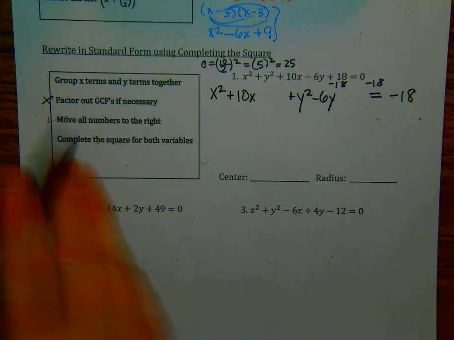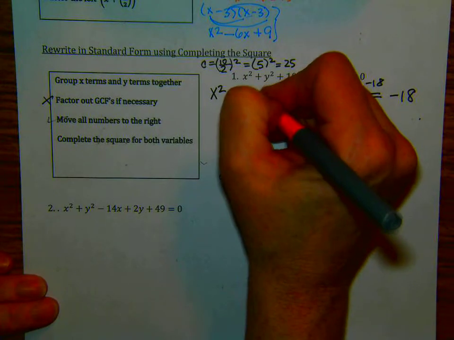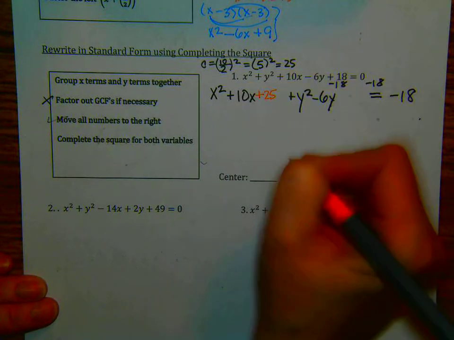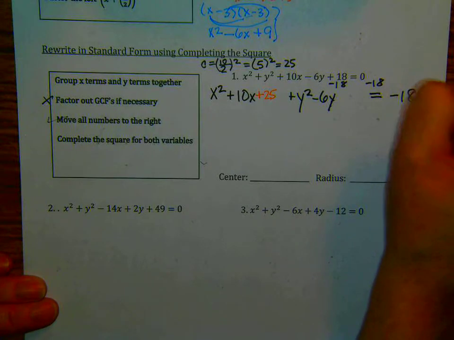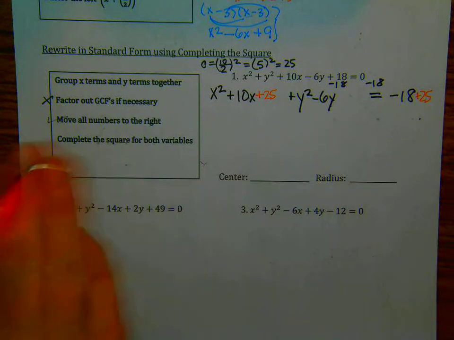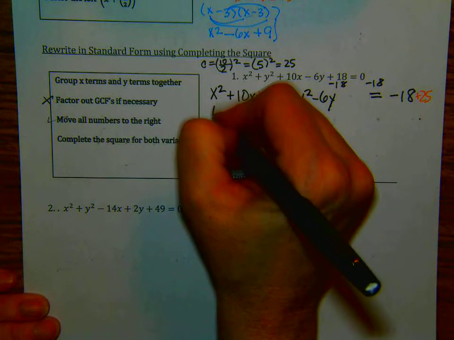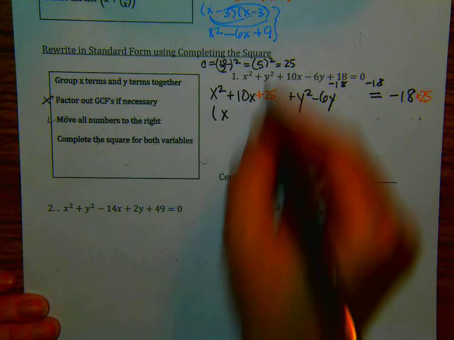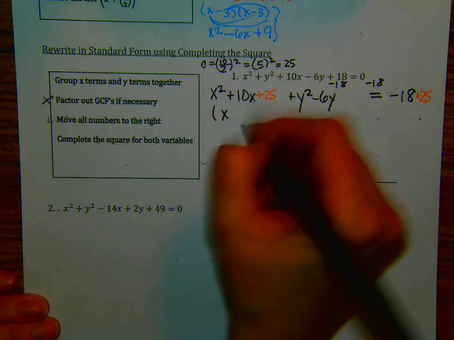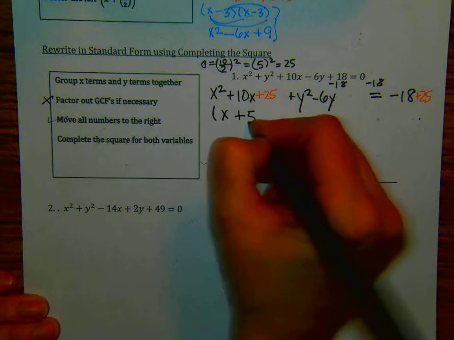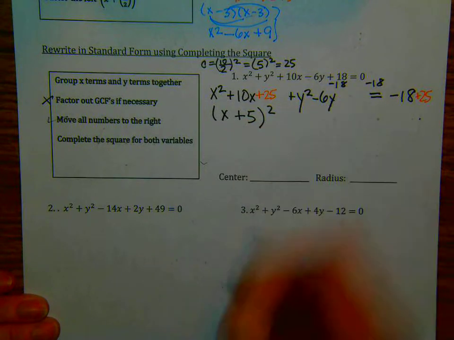Okay, so I am going to add 25. If I add it to the left, I add it to the right. Okay, let's write the binomial that's resulting. X, what is my b over 2? Well, that was 5, plus 5 squared.